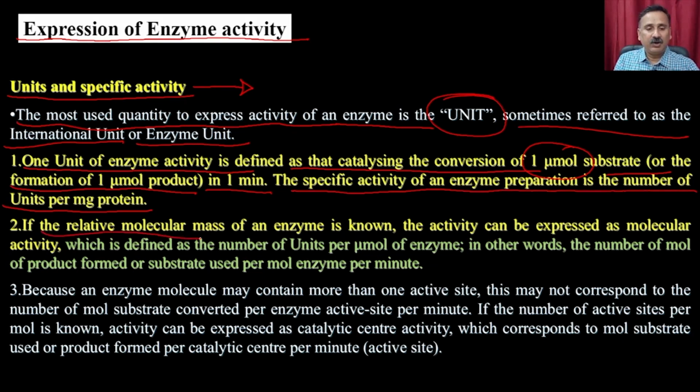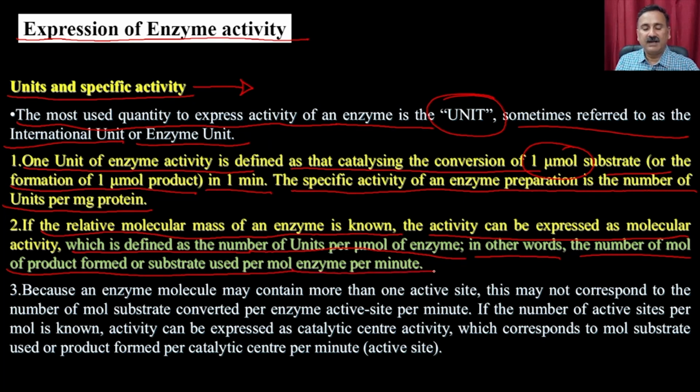If the relative molecular mass of an enzyme is known, the activity can be expressed as the molecular activity, which is defined as the number of units per micromole of enzyme. In other words, the number of moles of product formed or substrate used per mole of enzyme per minute, and that will give you the molecular activity.